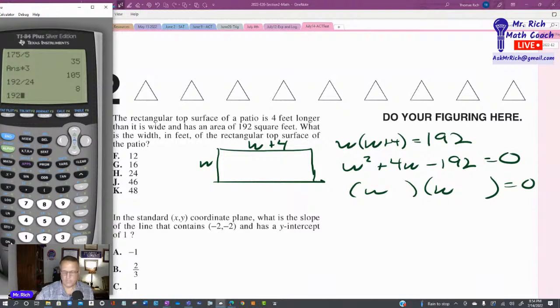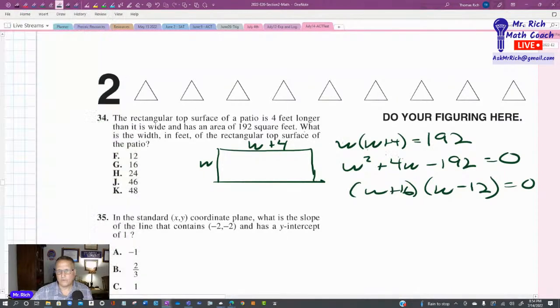So I'm going to take my 192, divide that by 16. Yeah, 16 and 12. It's got to be a plus 16 and a minus 12. You see how I did that? I don't want to teach while I'm doing this. I'll do it afterwards. But I went ahead now and I have successfully factored this. So it has to be 12, right?